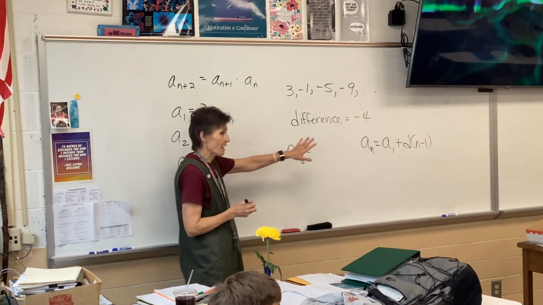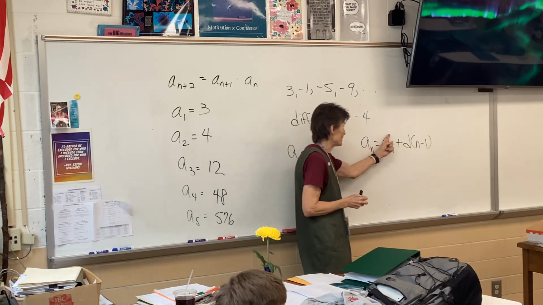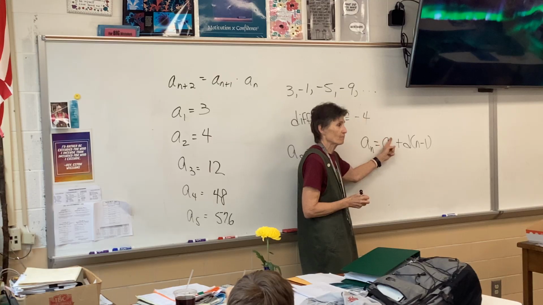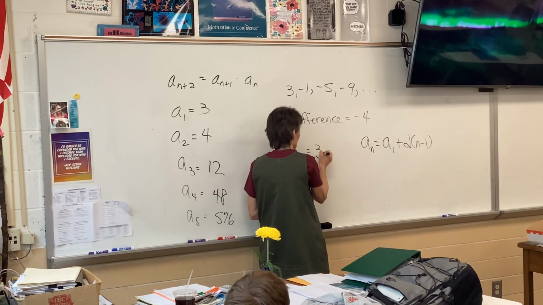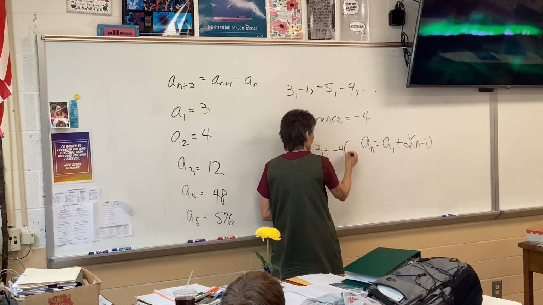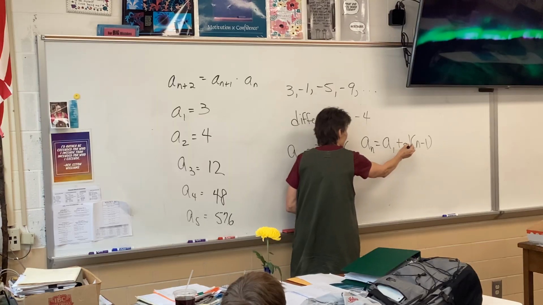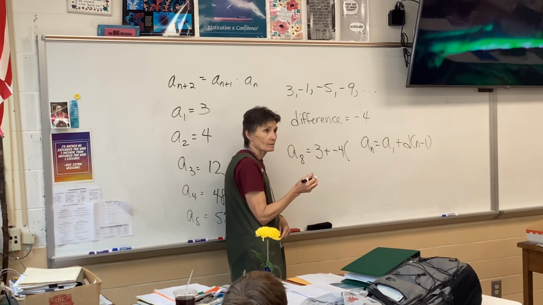So this is my arithmetic formula. Does anybody remember what this stands for? The first number. So I want the 8th term, so I'm gonna take the first number, and I'm gonna add my common difference times n minus 1. What's n? 8.